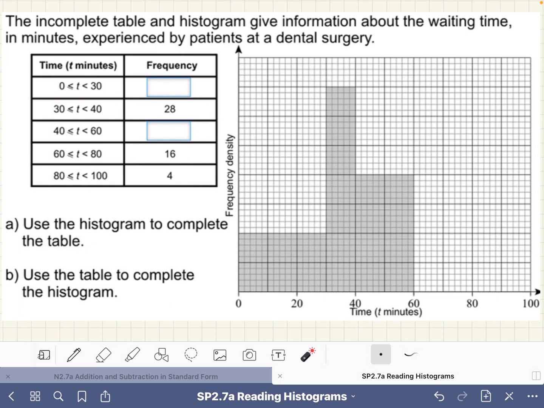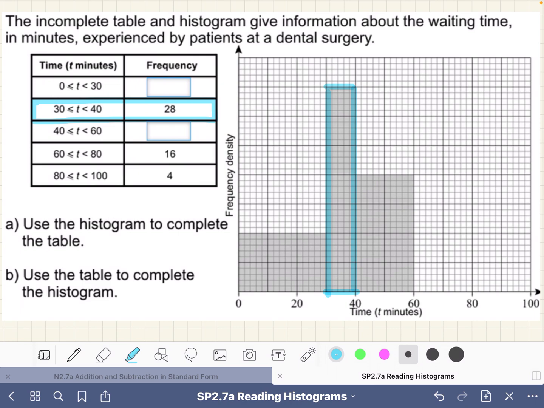complete the histogram. We can see here we have no numbers on this scale, which means our first job is to identify the scale on our frequency density axis. We can see we have complete information for this part of our table here, and that relates to this part of our histogram.